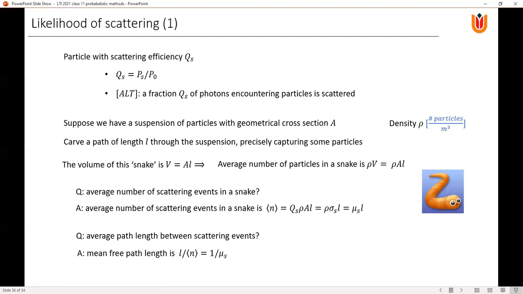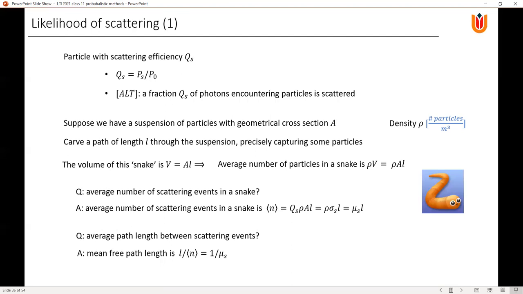Yeah, same thing, just like with absorption. So if you have a length L, you have on average n scattering events, and the mean distance would be L over n, which would be 1 over mu s. We just calculated this for the absorption coefficient.